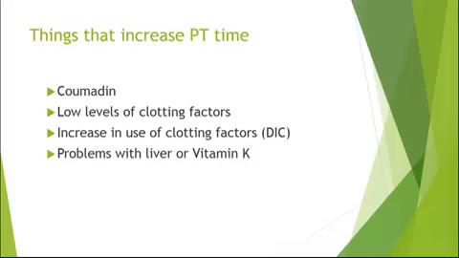And if all those clotting factors are used up to form these clots that really basically are no longer helpful, if you were to start bleeding, the clotting factors are all used up, you can't form clots when you need to. And then obviously if we have problems in the liver or with vitamin K, where that prothrombin is not produced.